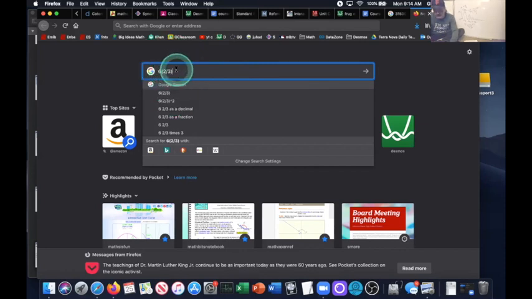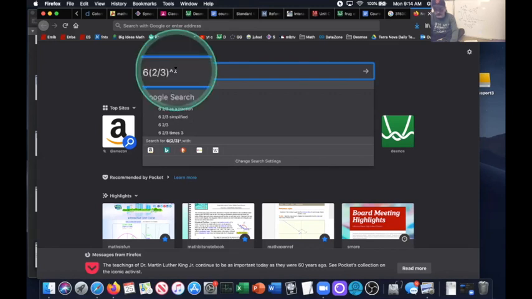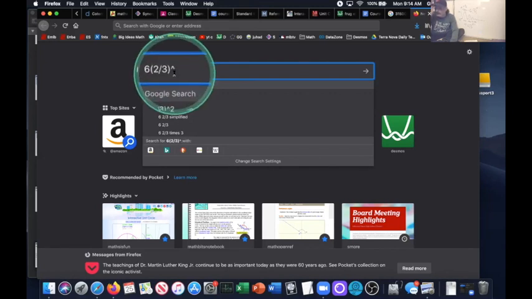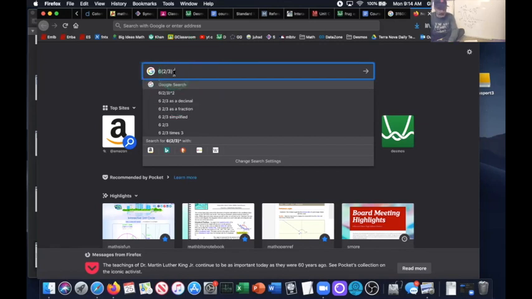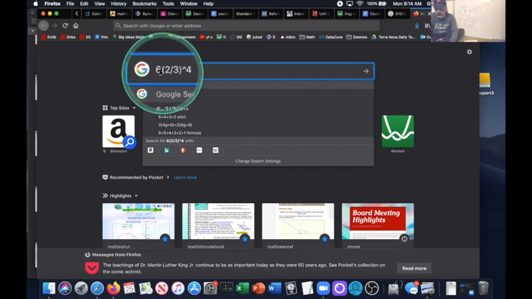Okay, then I'm going to use the caret symbol, which again, that's the little rooftop symbol right above the 6. And then I can do 5 minus 1 in my head, so I'm just going to make that 4. We can do a little bit in our head here. 5 minus 1 is 4.